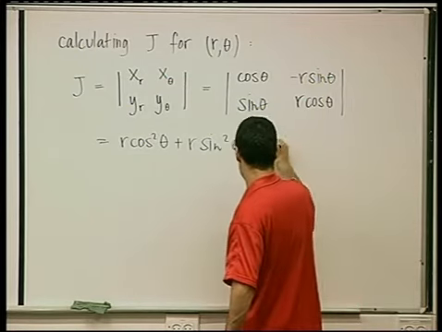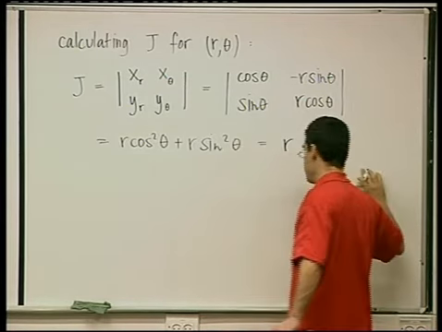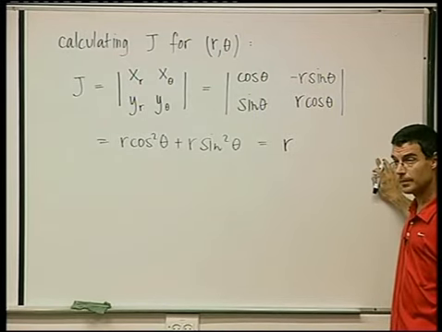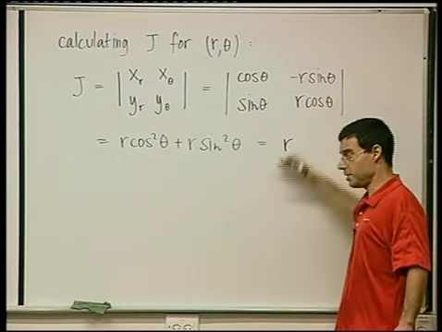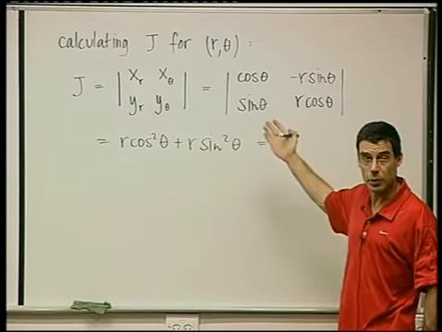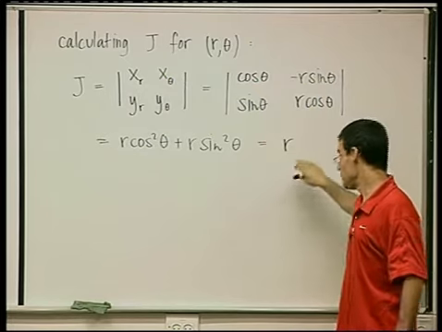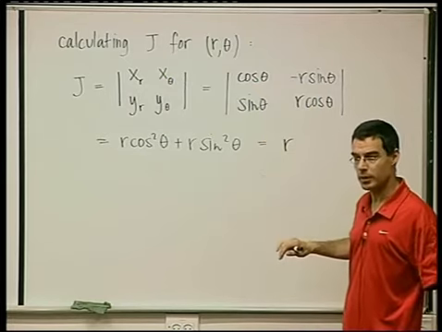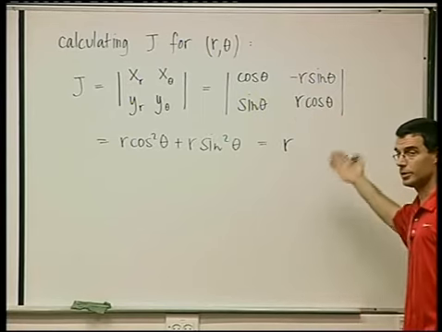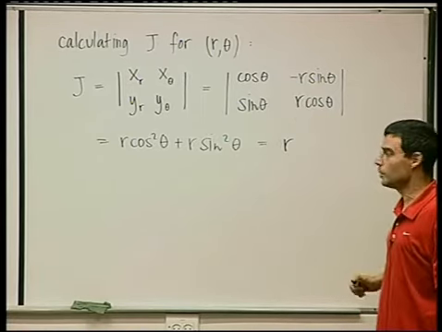So what we get here is just a nice and friendly little r. Good? Now you don't have to run through this calculation every time you change variables to polar coordinates. We did it once. Now you can use it. Not that it's hard to redo it, but you can use it freely.